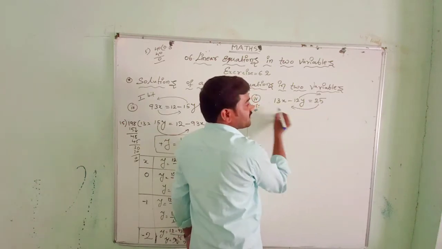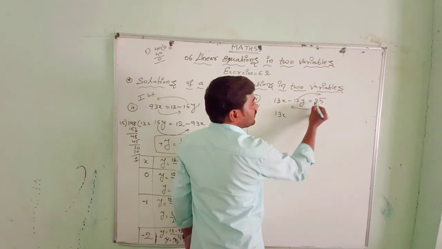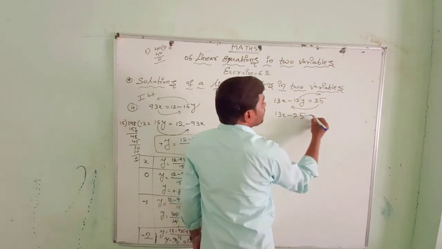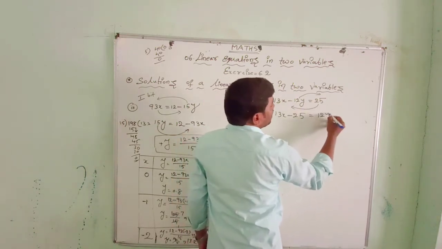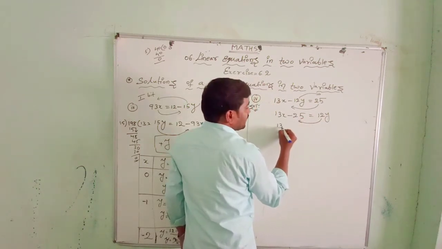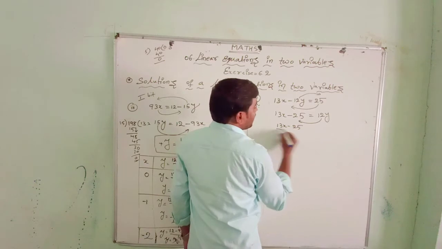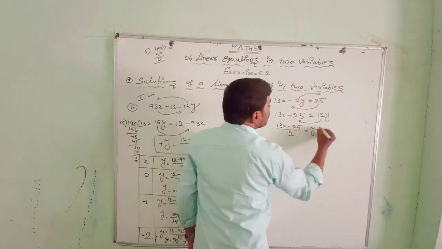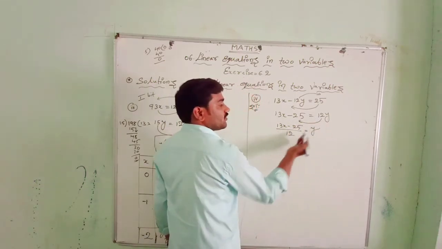And this 25 will transfer to the other side: 13x minus 25 equals 12y. This 12 will transfer to the other side. So 13x minus 25 by 12 equals y.